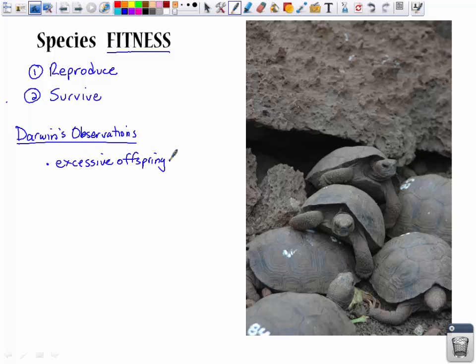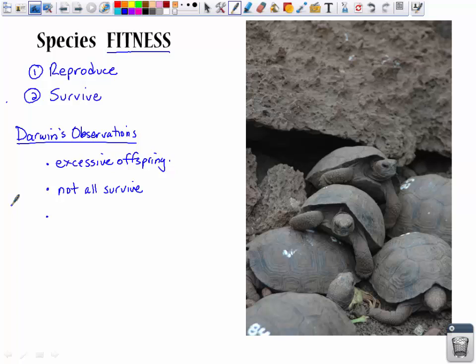Why do these species produce so many offspring? So the second thing he observed was not all of them survive. So which ones were the ones to survive? The species have an excessive amount of offspring because they know that not all are going to survive, and they want to increase their chances of their species surviving.